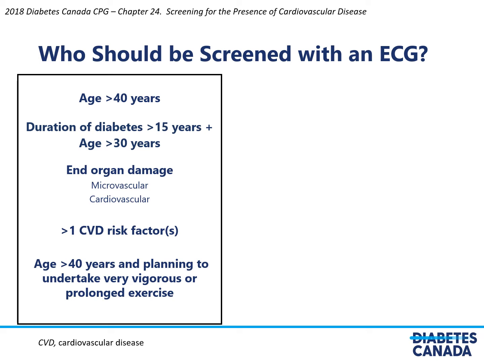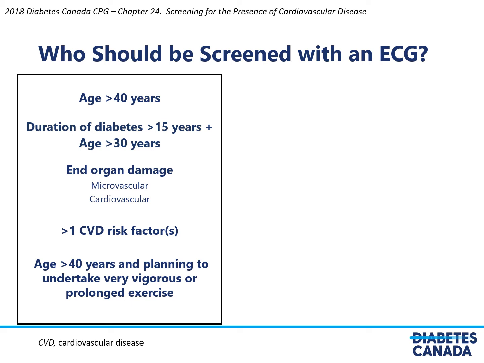Therefore, who should be screened with a resting ECG? If you're age over 40, or have a duration of diabetes greater than 15 years and age over 30, or if you have any end organ damage, you should receive a screening ECG. The good news is that those first three criteria are identical to the recommendation for using statin therapy for vascular protection.